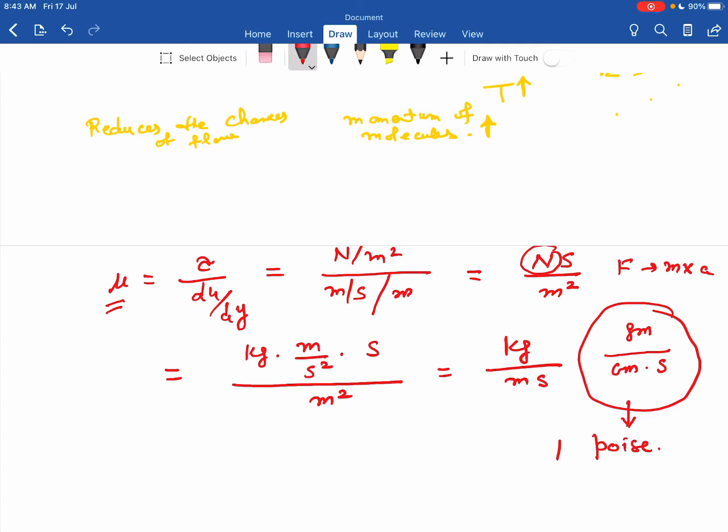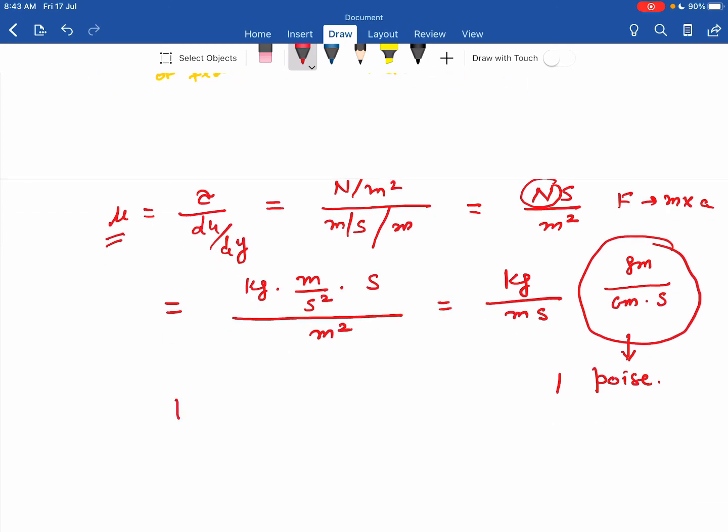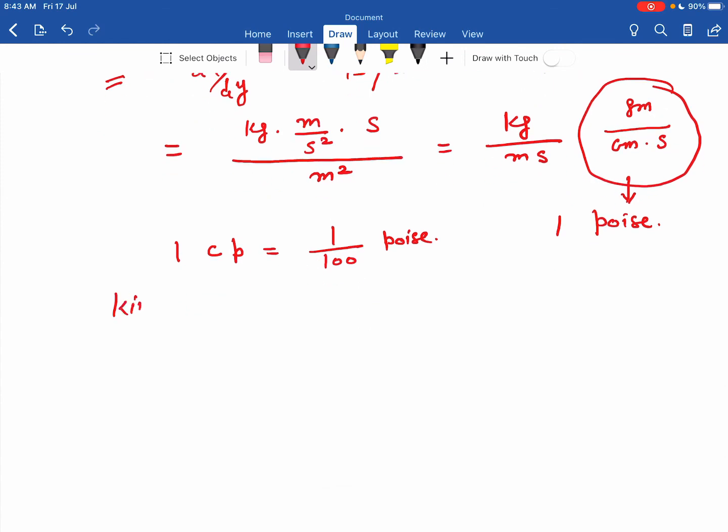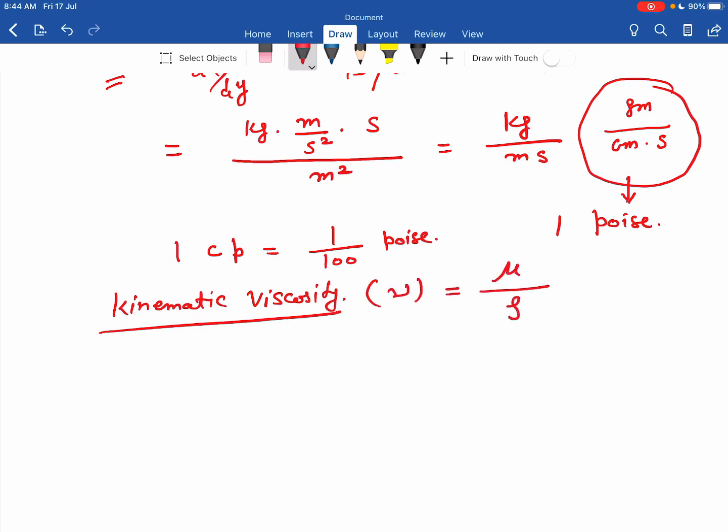Then 1 centipoise is 1/100th part of a poise. Now we have one more type of viscosity that we call kinematic viscosity. The symbol is nu, and it is the ratio of dynamic viscosity to the mass density.